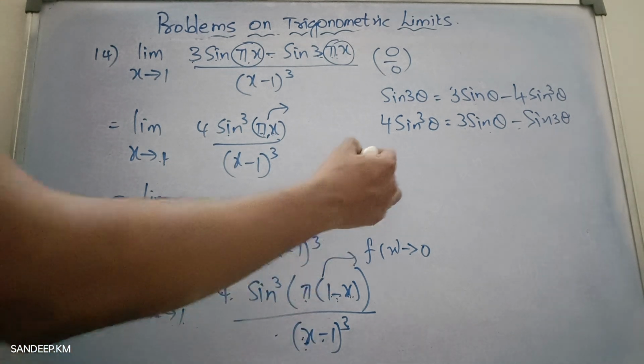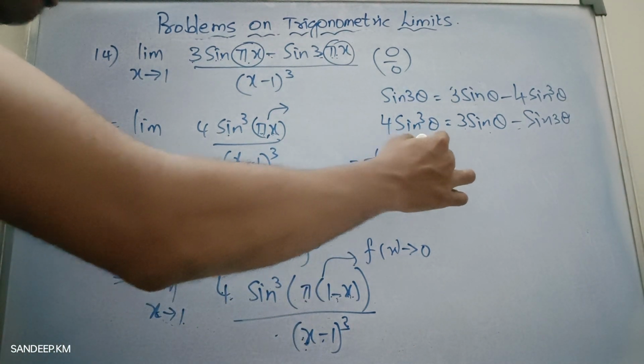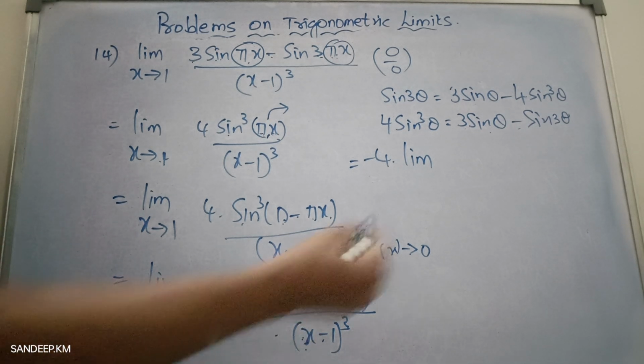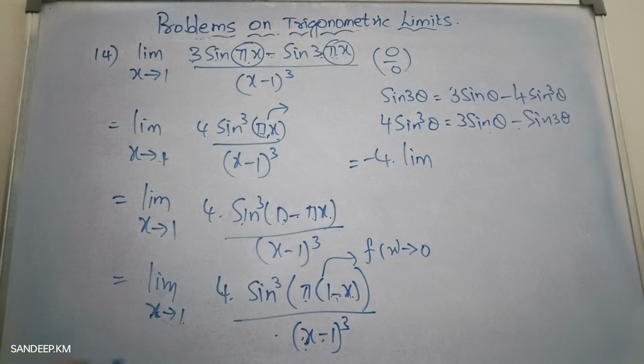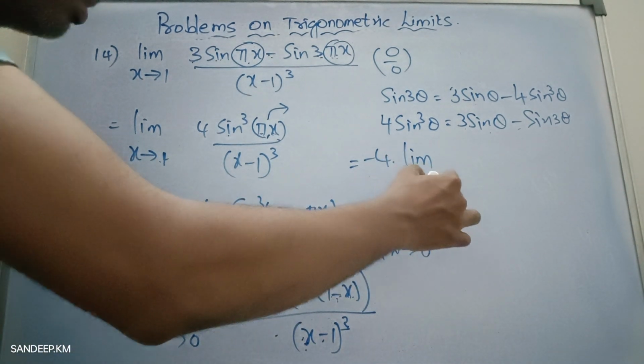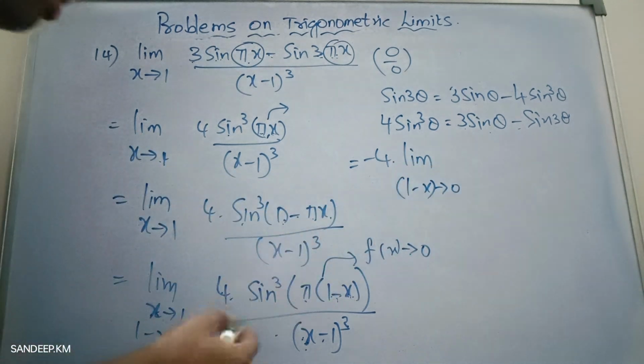Minus and also 4 will be minus 4 into limit. If x approaches 1, then 1 minus x approaches 0 only, right? If x is approaching 1, 1 minus x is approaching 0, correct or not? The question becomes 1 minus x approaches 0.